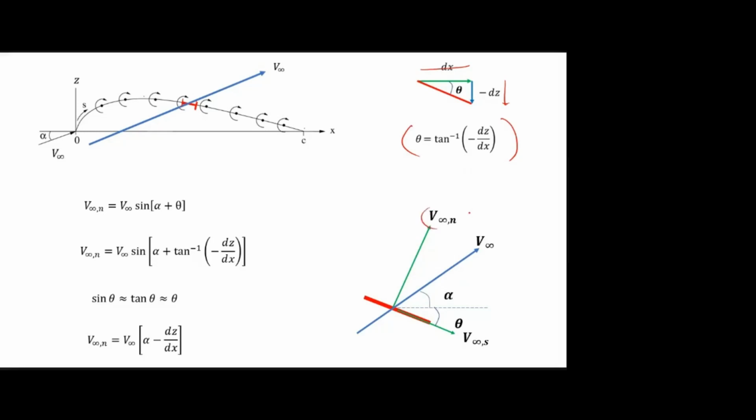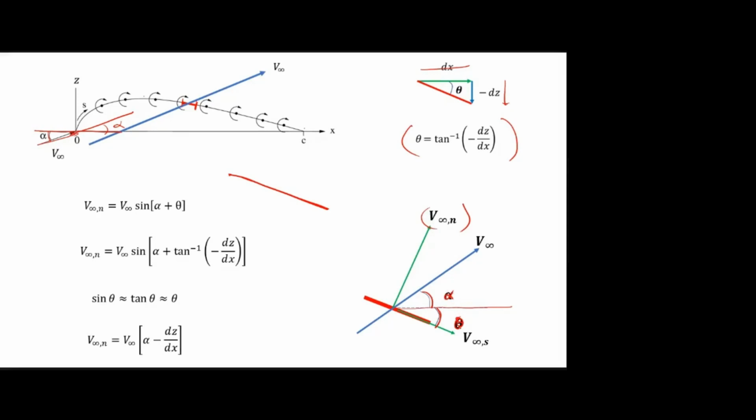Our final aim is to find this V infinity n. So for this reference line, you know the slope is theta, and this angle is alpha. You can see this is the chord line or horizontal line. This is the flow velocity. This is the angle of attack, and above also we will get the same angle, right? Opposite angles are equal. So here we are getting alpha. This is slope theta, and above it is the angle of attack.